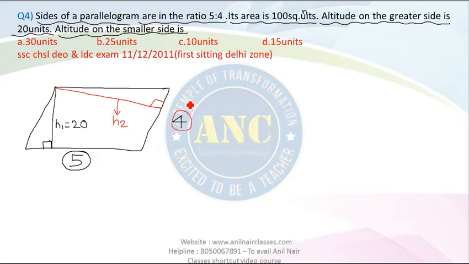They are actually asking you to find the value of H2 in this case. Altitude on the smaller side is what they are asking. Now, can I say that area is 100 square units? That means area of the parallelogram will not change, right? So area will be equal to another area. Area of this is B1 into H1.